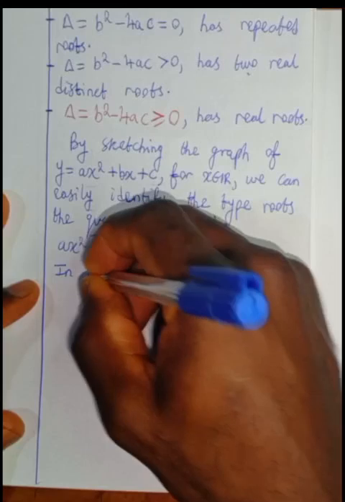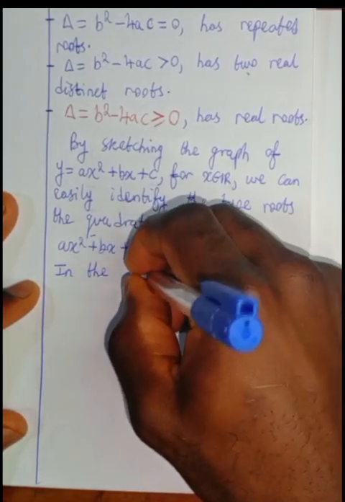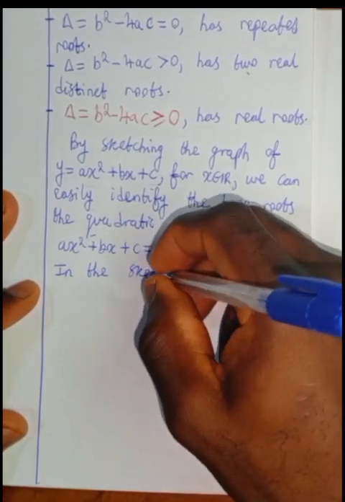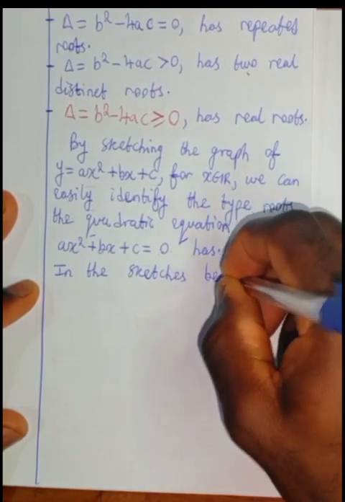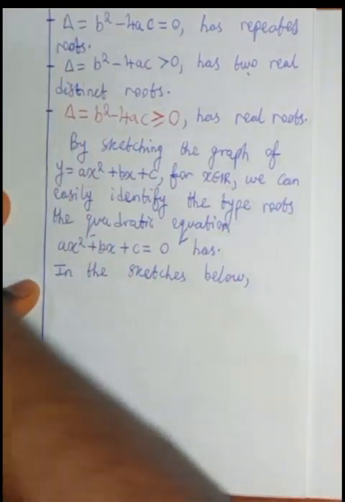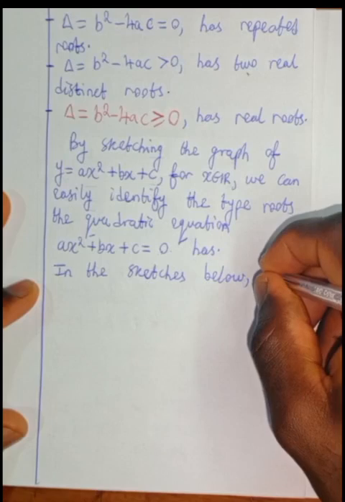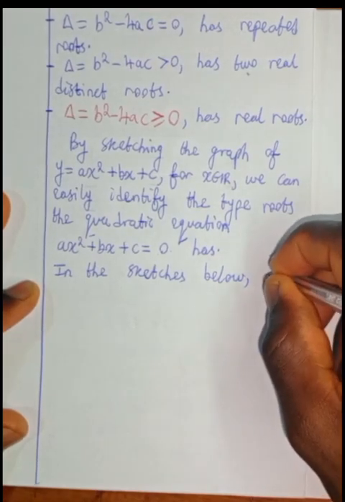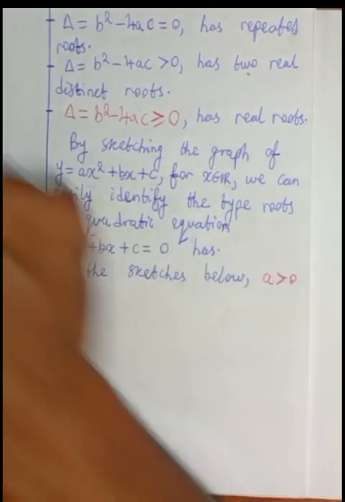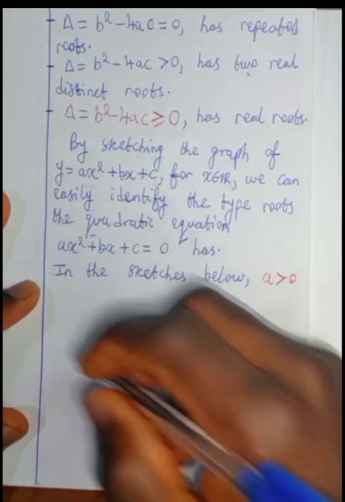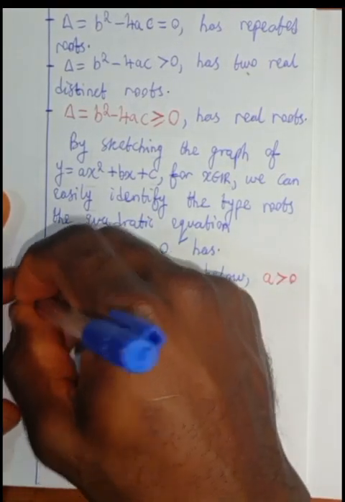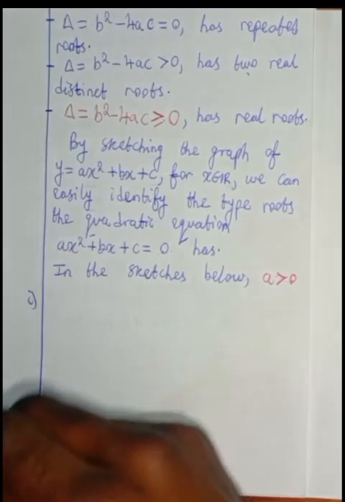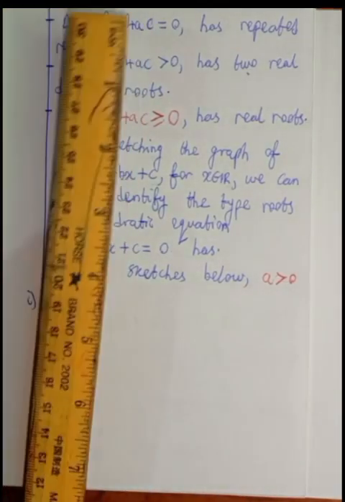In the sketches below, a is greater than 0. That means we'll be dealing with valley parabolas. Take the first one, let's draw the first case.